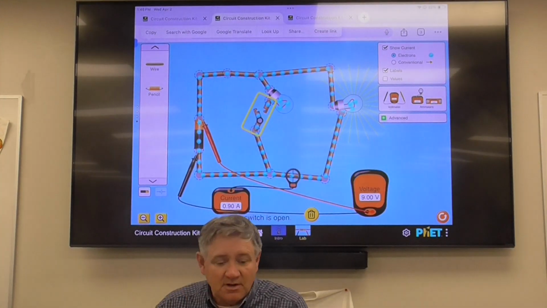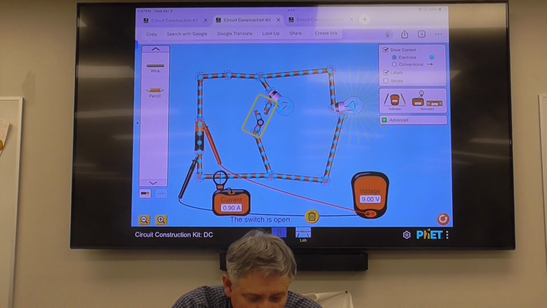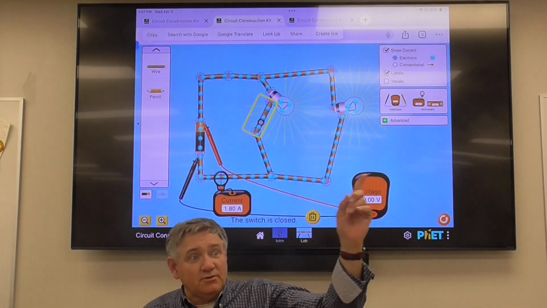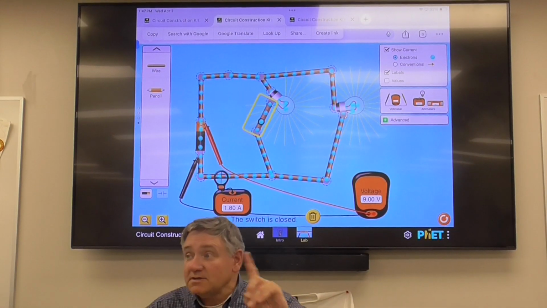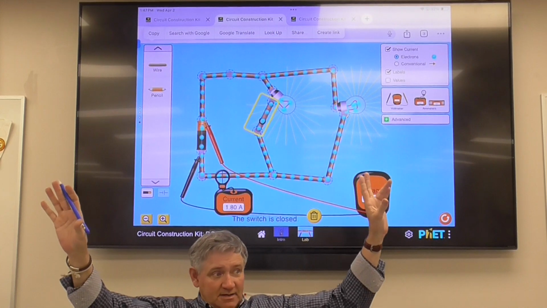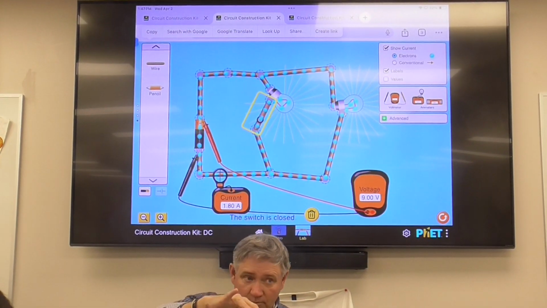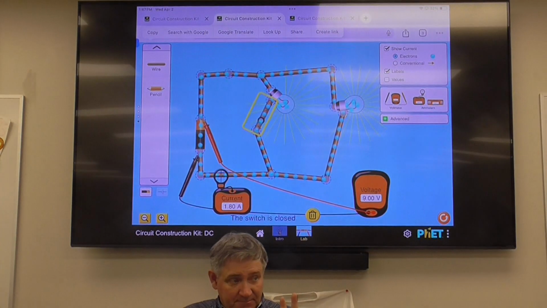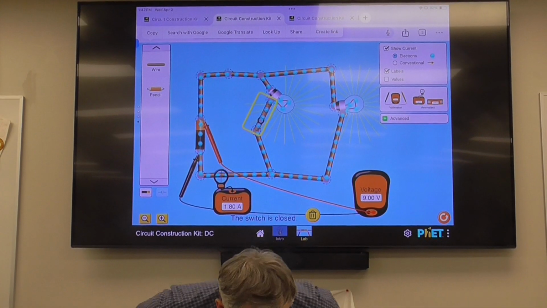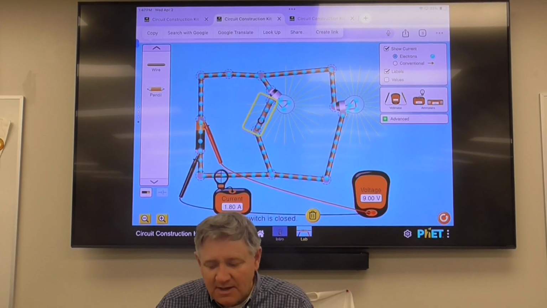That didn't change. But over here, when I close it, that's going to go up to 1.8. So the individual ones stayed at 0.9, but the overall current went up to 1.8 because it has to be split.